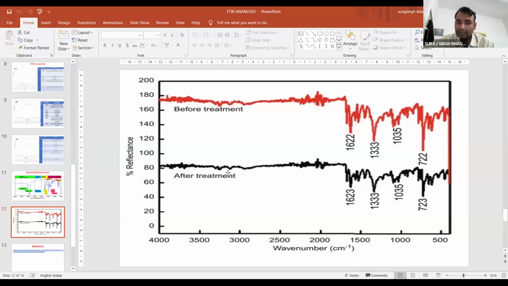After the treatment, when you prescribe any type of medicine to that particular living entity, now you can see the difference at that particular level. The intensity now rises: 1623, 1333, 1035, 723. So it is more than the previous one, meaning before treatment.